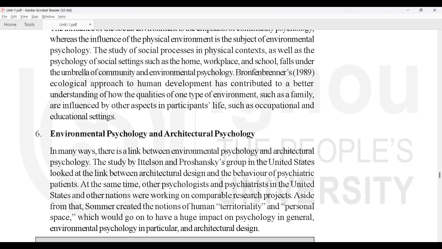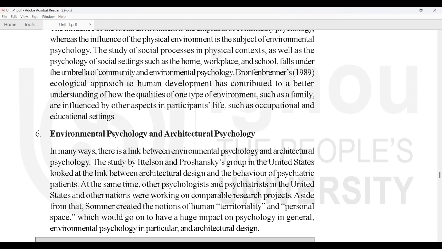6. Environmental psychology and architectural psychology. In many ways, there is a link between environmental psychology and architectural psychology. The study by Atelson and Proshinsky's group in the United States looked at the link between architectural design and the behavior of psychiatric patients.